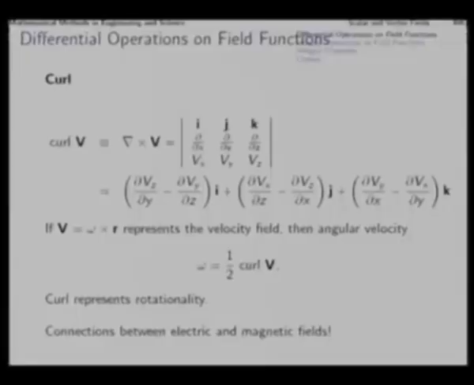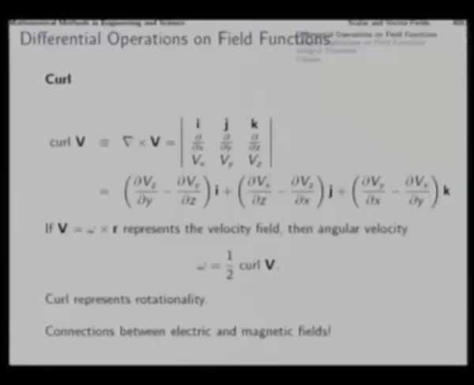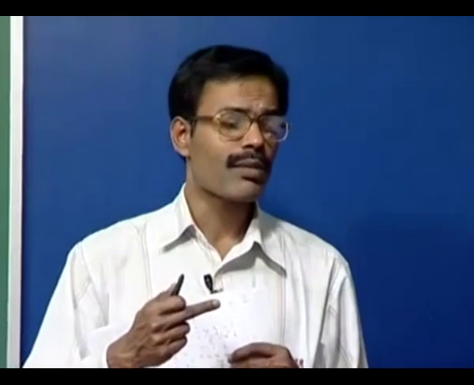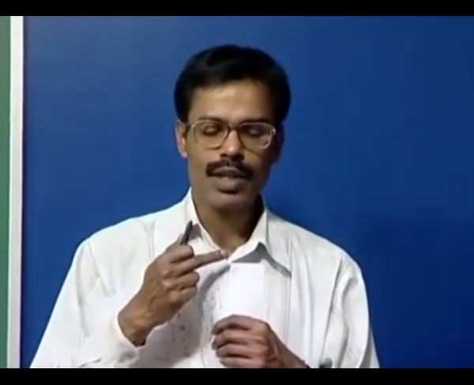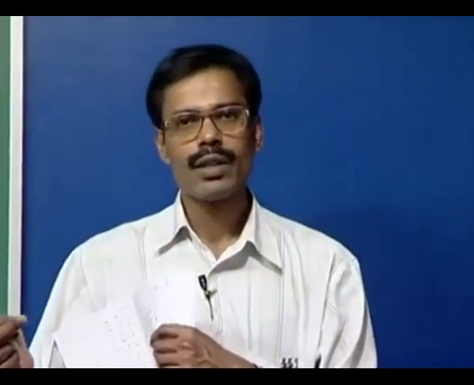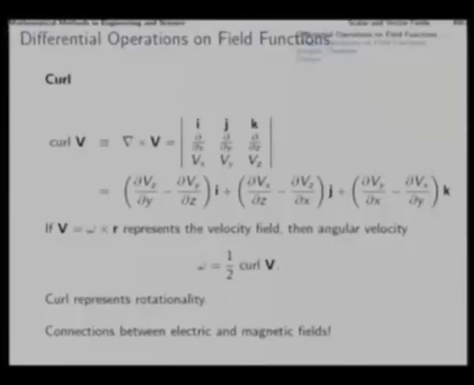So, that means if curl of the velocity vector is 0, that means omega is 0, and that means it is an irrotational flow. So, curl represents the rotationality in the flow. In electromagnetism, the relationships between electric field and magnetic field is also established through the curl of the corresponding fields.